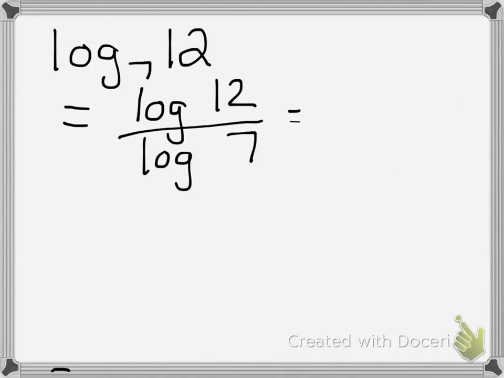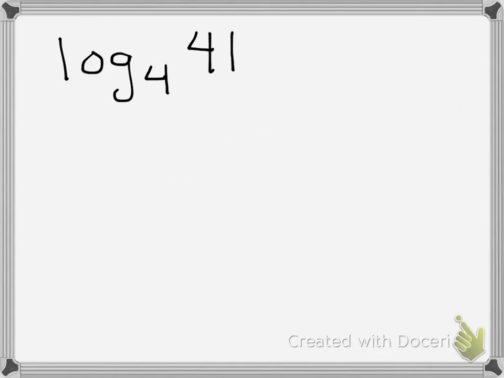You should get an answer of 1.28. Okay, one last one. Give that a try. And you should get an answer. So it's log of 41 divided by log 4, and you should get an answer of 2.68.